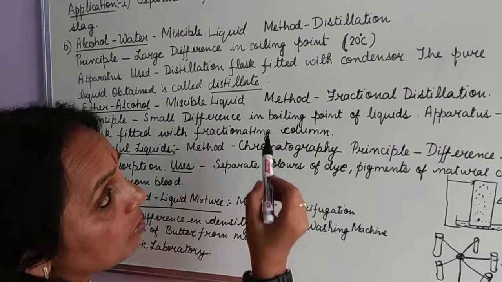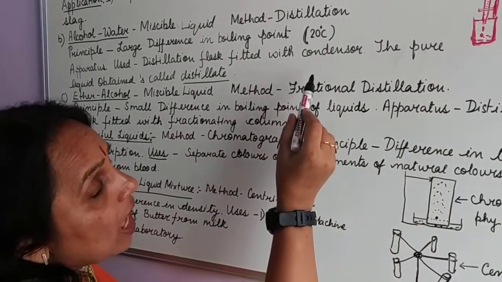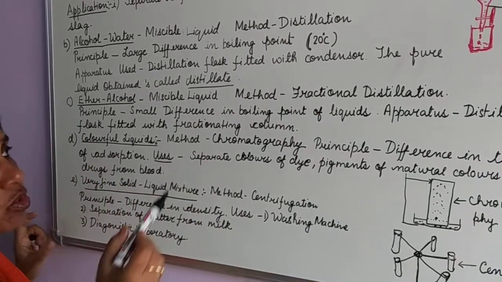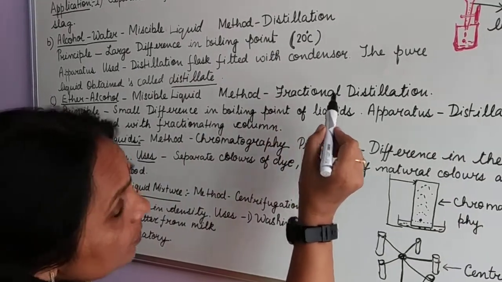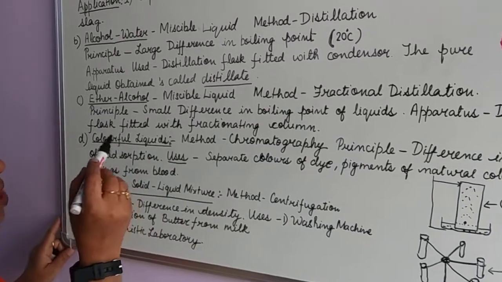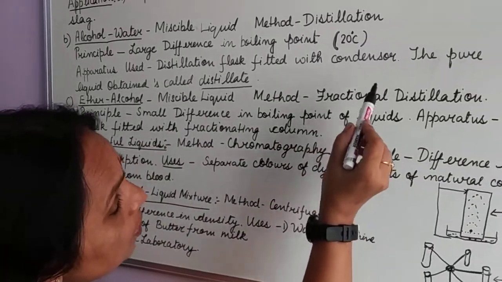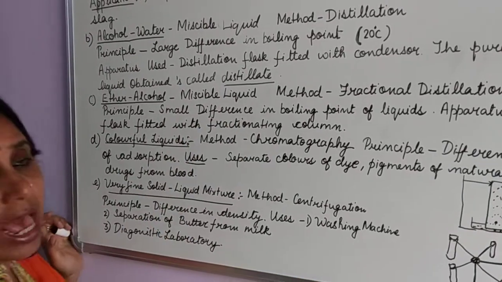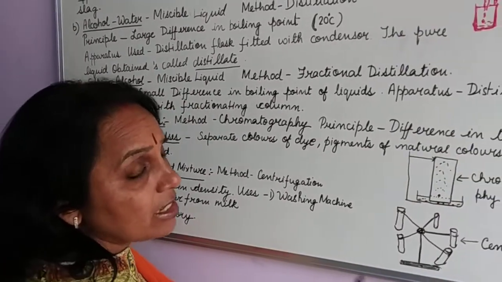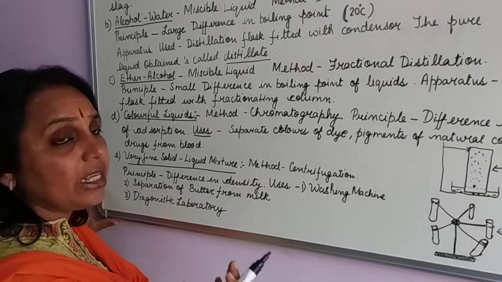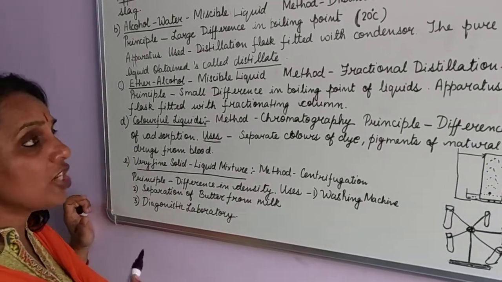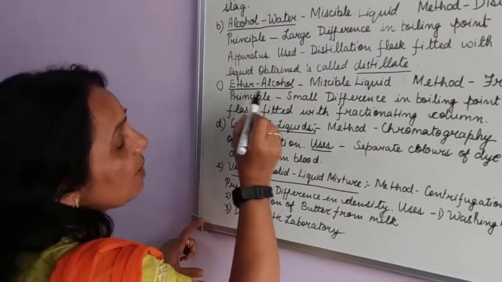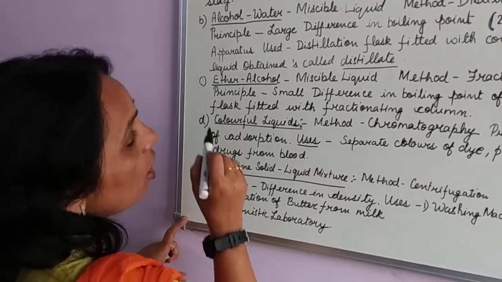And thus the more volatile component will have more kinetic energy, so it will slowly move on to the condenser where it is cooled and collected separately. The cooled and pure component which is collected separately is known as distillate. This is the first component, and the second component remains in the round bottom flask and can be used later on.